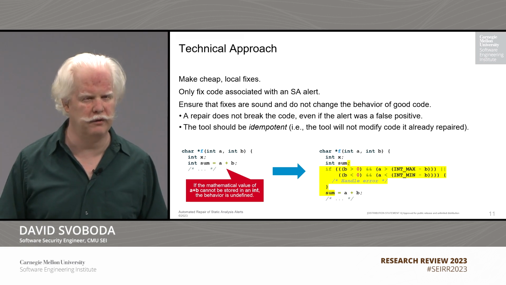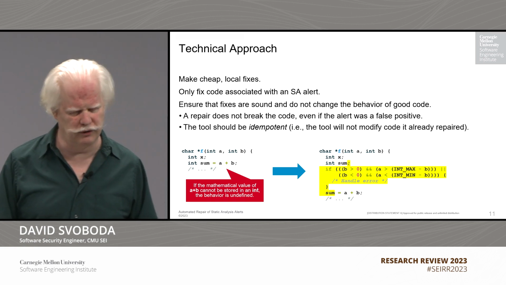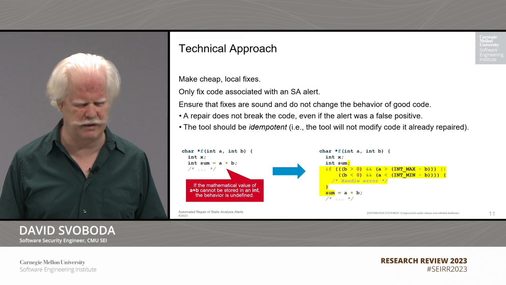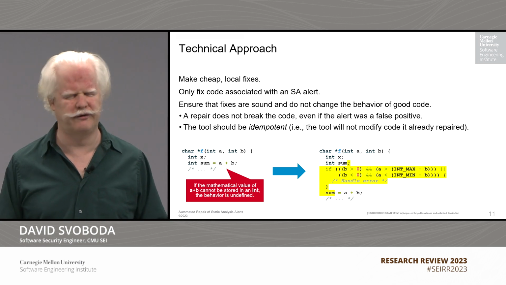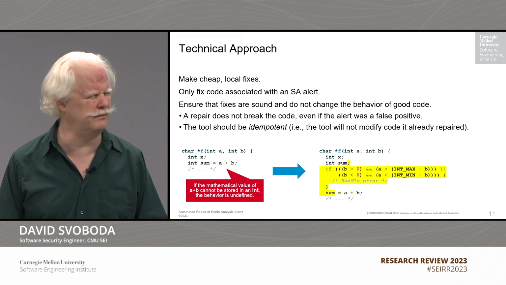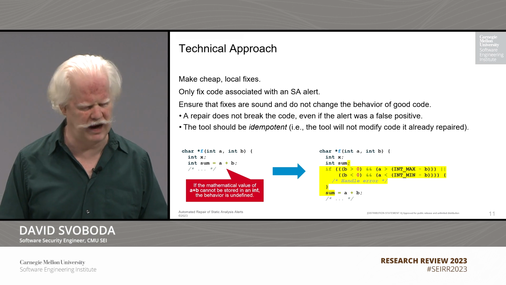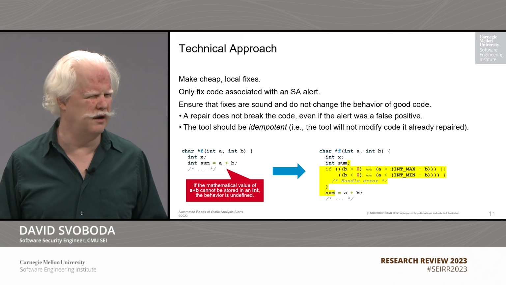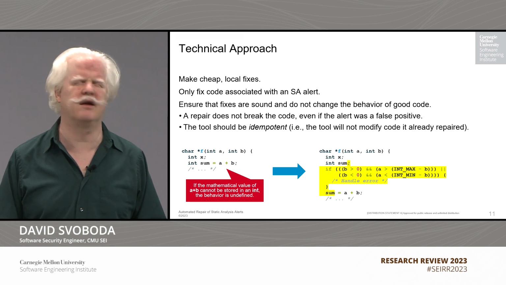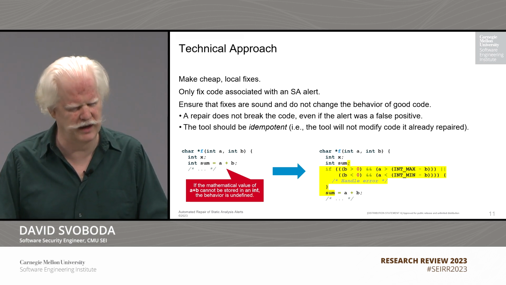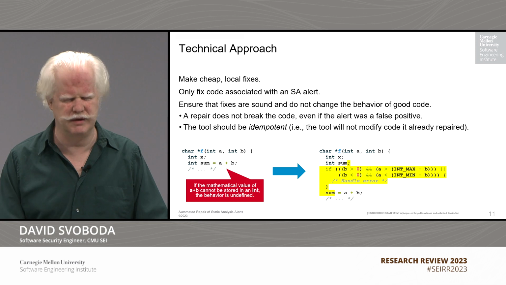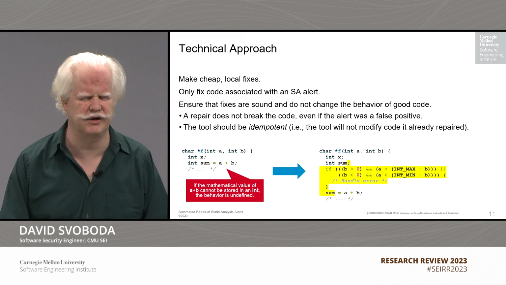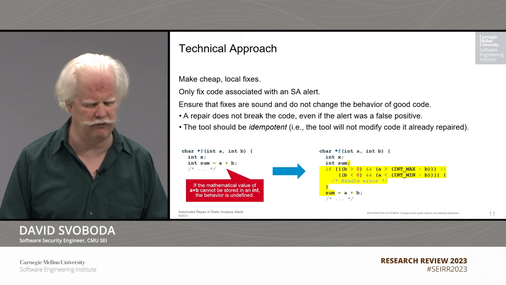We are instead focusing on individual small repairs, such as the example you see down here. The concern being that if the sum of the two numbers wraps, then undefined behavior can result, and lots of things can go wrong. So we just simply add sufficient checks to make sure that the addition cannot wrap before we do it.